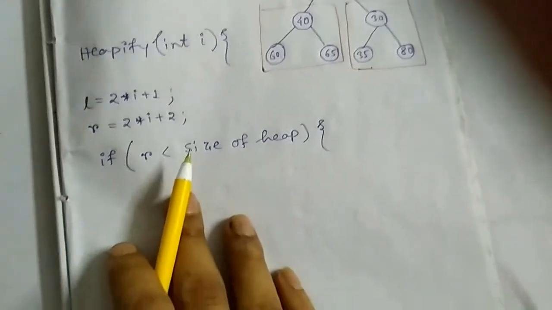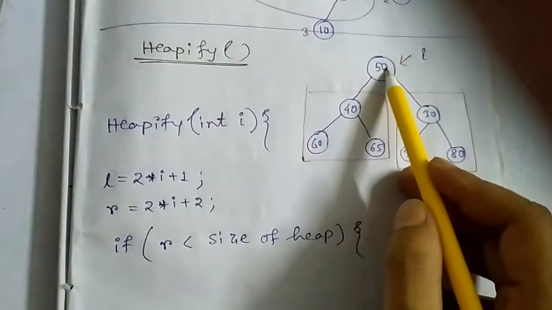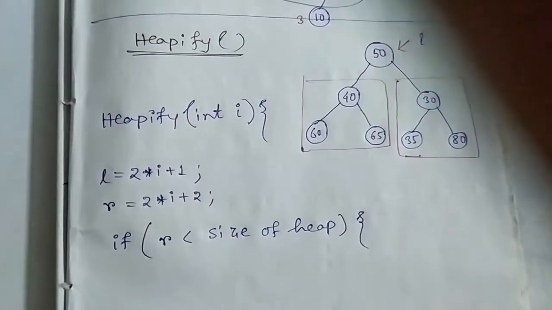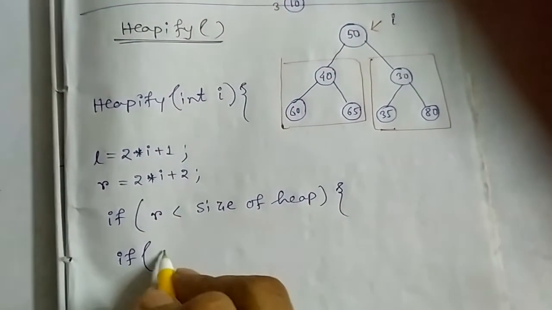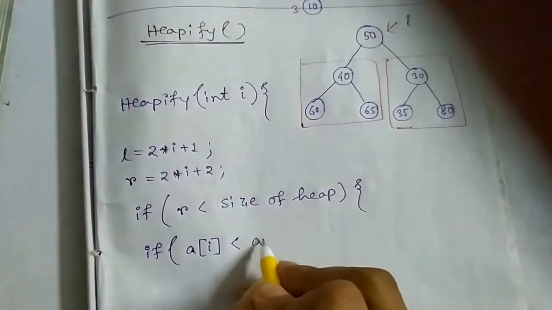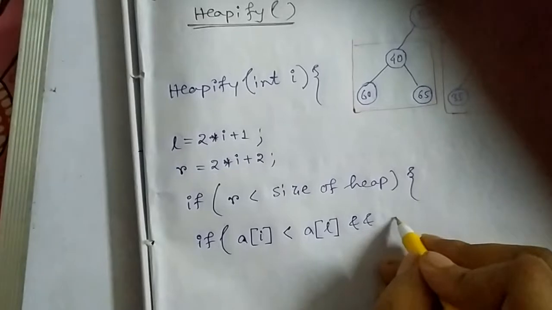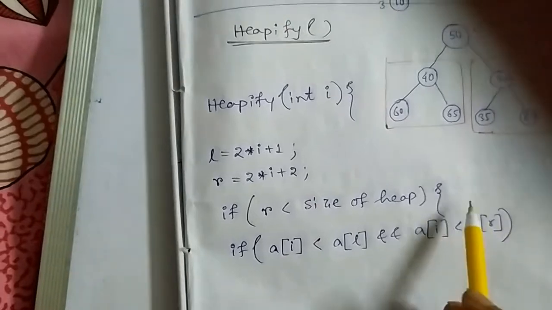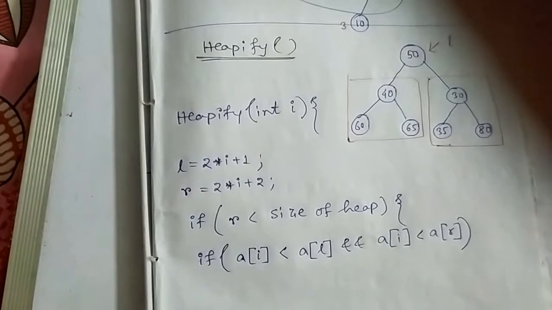If this condition is valid, then I will check whether the element which is at index i is already in its proper position or not. That means I'm writing that if the element at index i is less than its left child and also less than its right child, then I will say that the element at i is in its proper place to create a min heap.